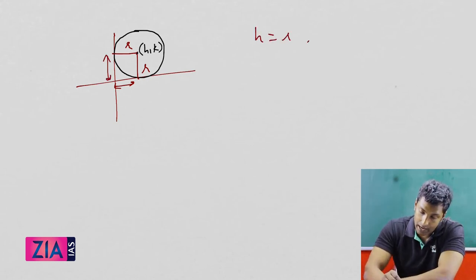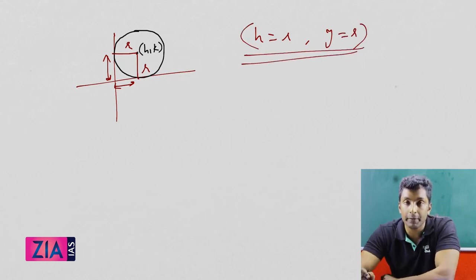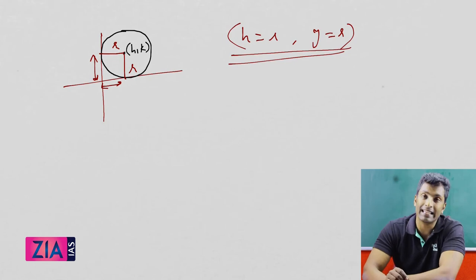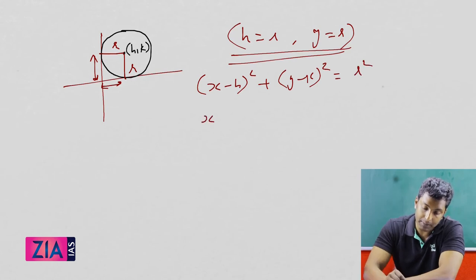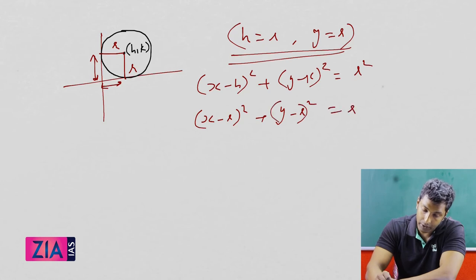So h is equal to r here, and k is equal to r here. So if h = r and k = r, what you can do is (x − h)² + (y − k)² = r². You can just substitute (x − r)² + (y − r)² = r².